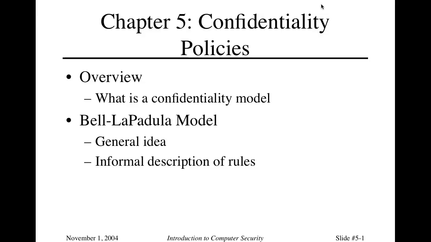Okay, so in this chapter we talk about the access control models. Previously we mentioned the access control matrix as an access control model, but it is a general model.